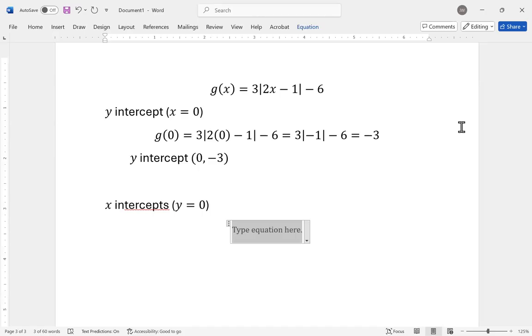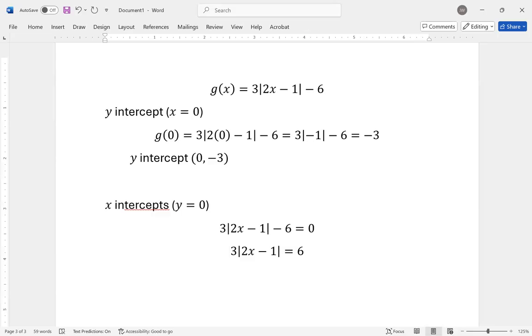Again, I like to put 0 on the right-hand side, so I'm going to write 3 times the absolute value of quantity 2x minus 1, and then minus 6 is equal to 0. Adding 6 to both sides gives me 3 times the quantity 2x minus 1 inside of an absolute value is equal to positive 6.